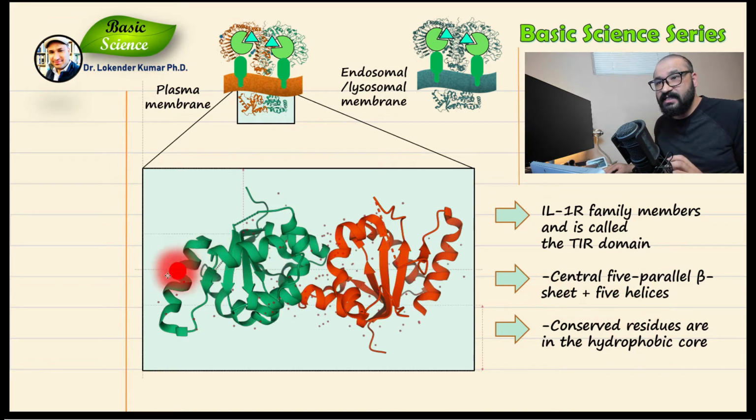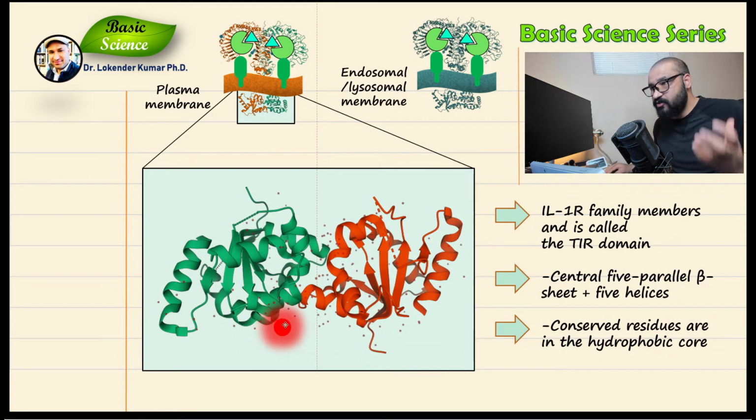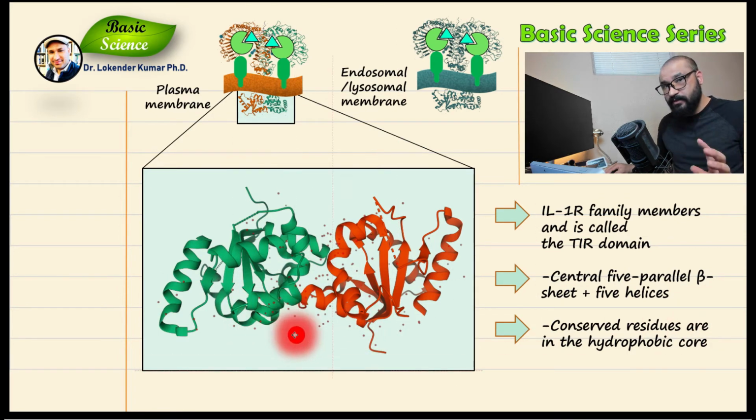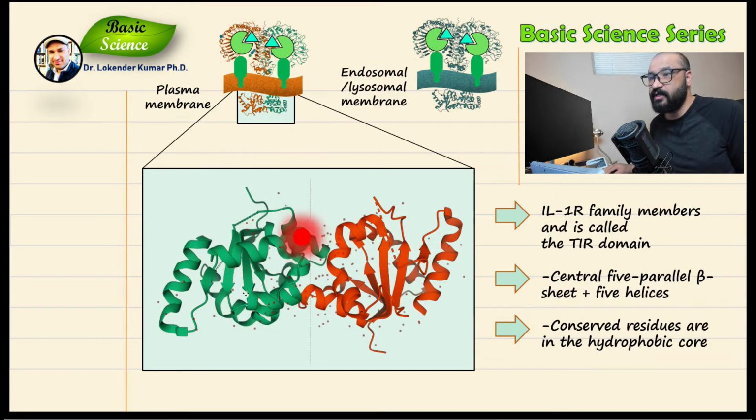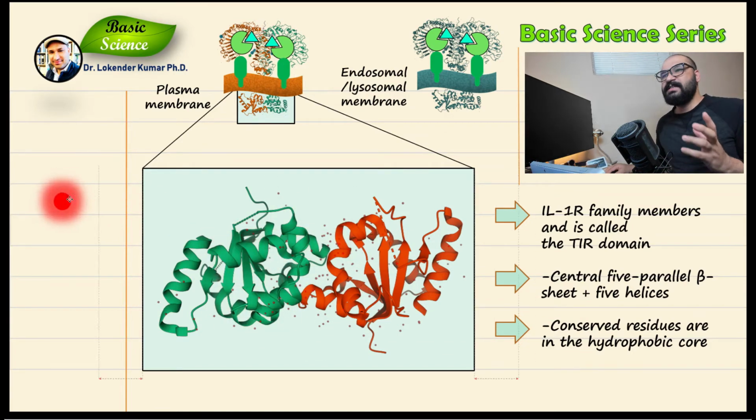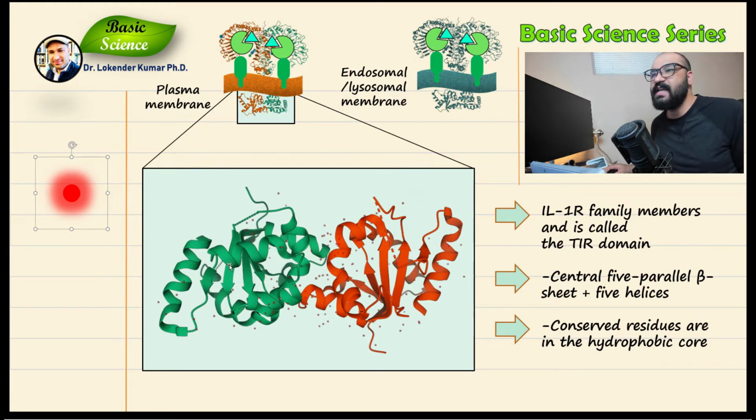So you can see these helix structures. Five beta sheets and five helical structures are present in this protein, and there are certain conserved residues present in the hydrophobic core of this molecule. So this was just a brief introduction about the TIR domain, and because of this interaction, the signal transduction is transmitted to the adapter proteins.